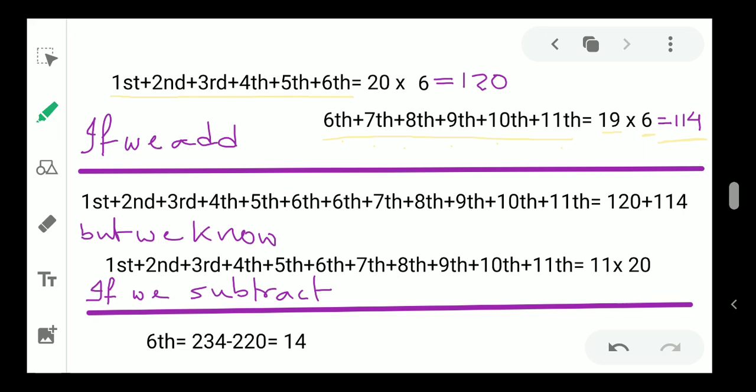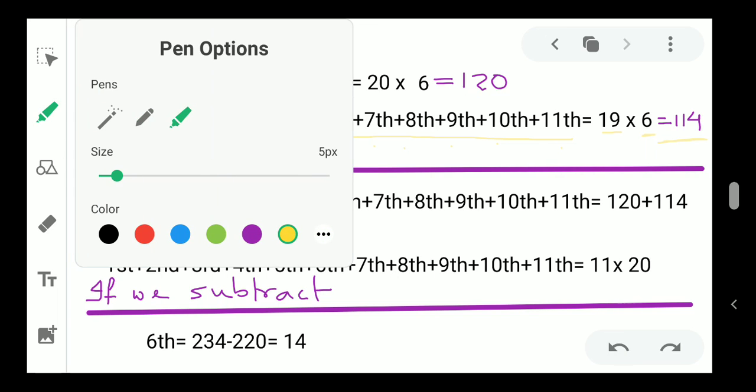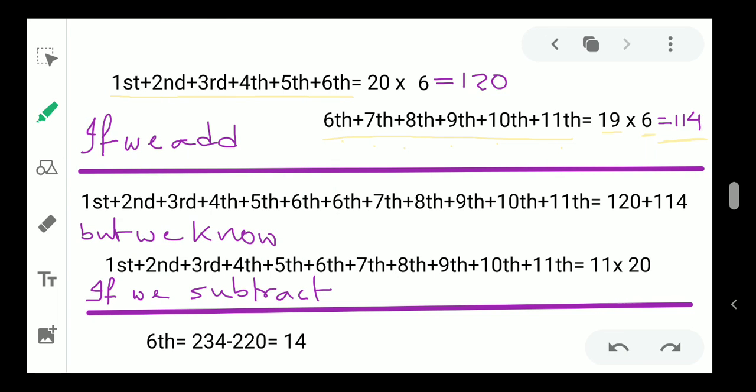Now if we add both cases, let me show you nicely, I am adding the total of the first 6 numbers and the total of the last 6 numbers. That means I am getting the total of the first, second, third, fourth, fifth, sixth, again the 6th, 7th, 8th, 9th, 10th and 11th. So I am getting the total of all these numbers.